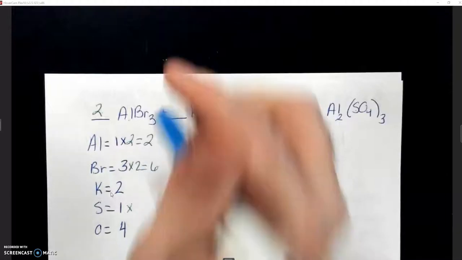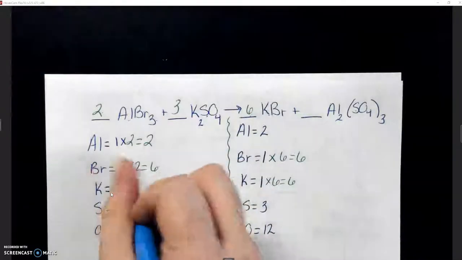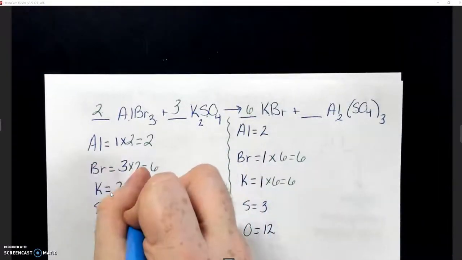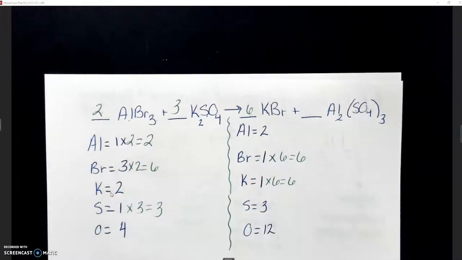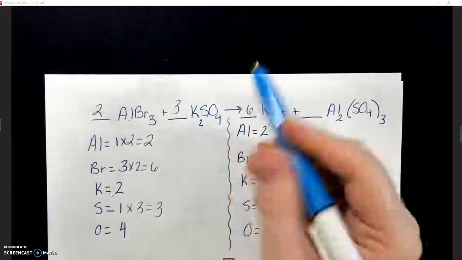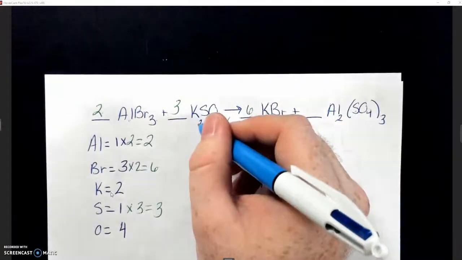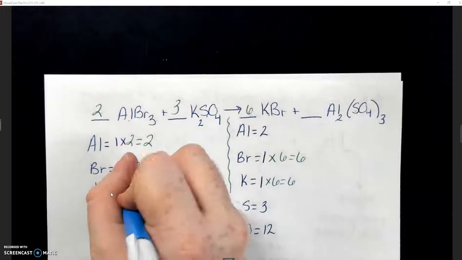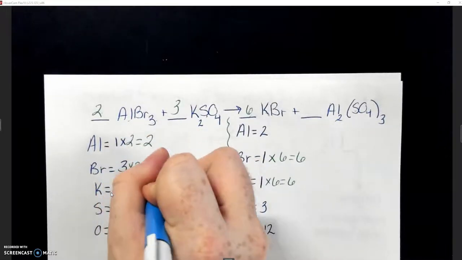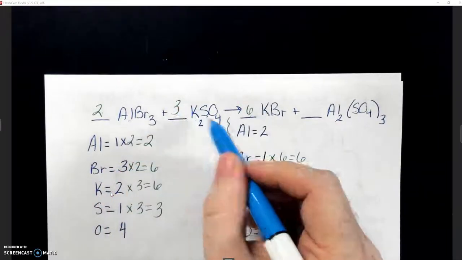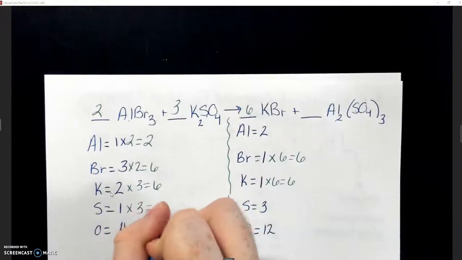We need 3 sulfurs. I'm going to put a 3 out in front here. I have 3 sulfurs, but this 3 also changes the oxygen and the potassium. The potassium is now 3 times 2, which is 6, and the oxygen is now 3 times 4, which is 12.